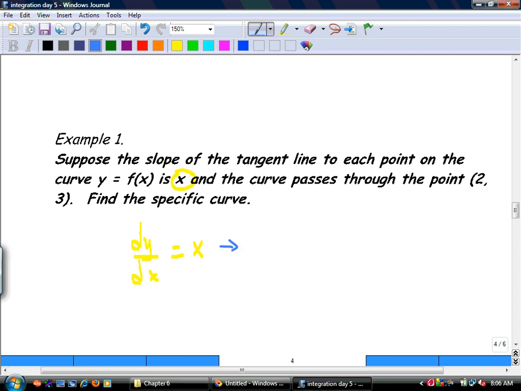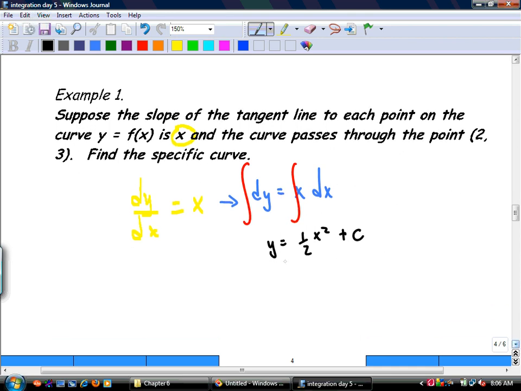You get dy equals x dx. So take the antiderivative. y equals 1/2 x squared plus c. It says find the specific curve. It says it passes through the point 2, 3. What are you going to do? That's it.